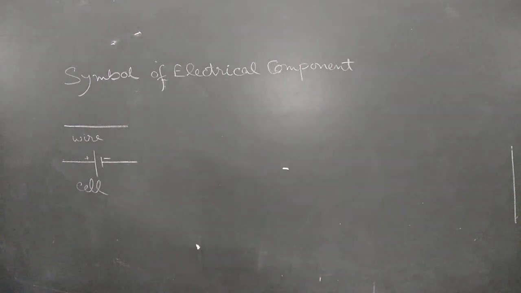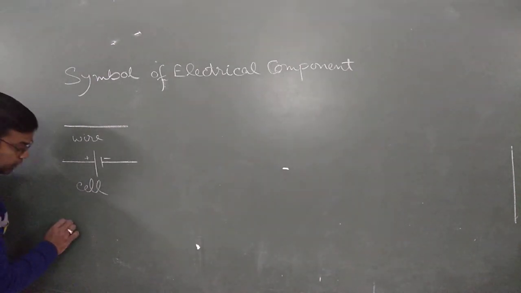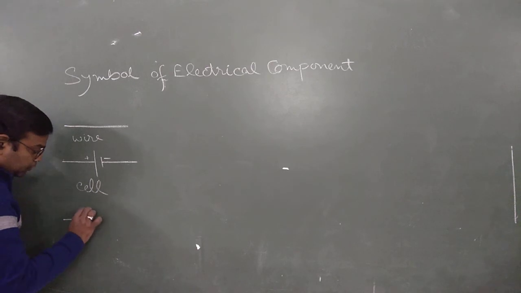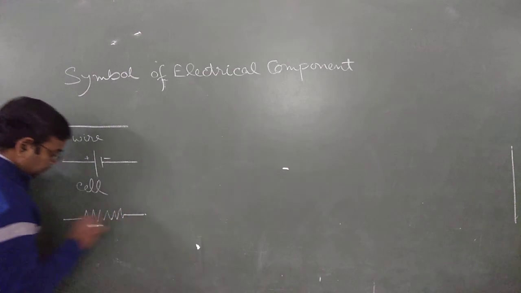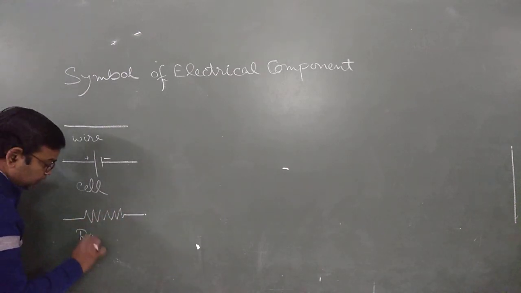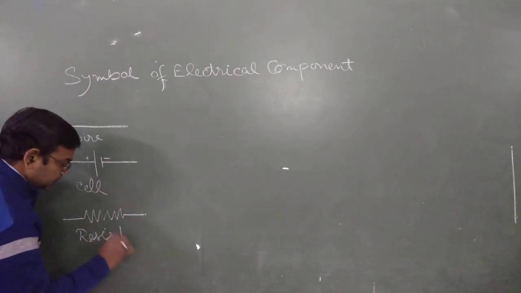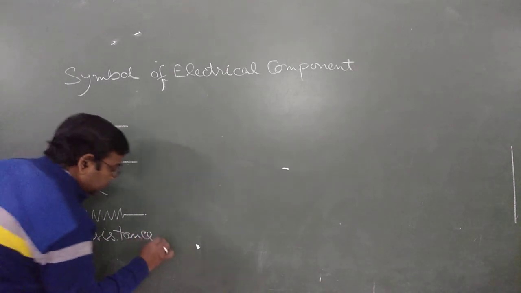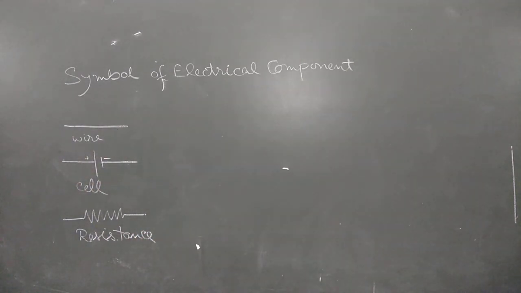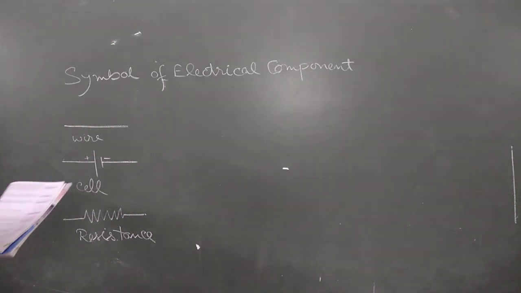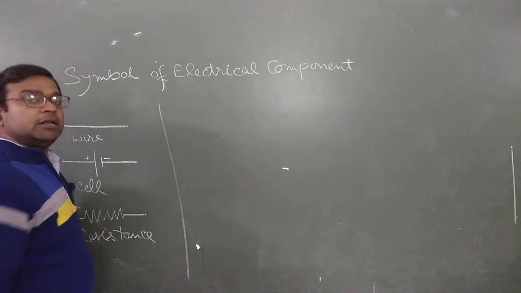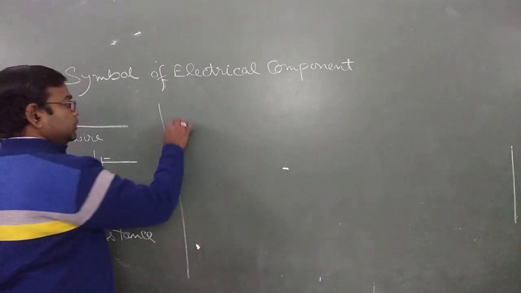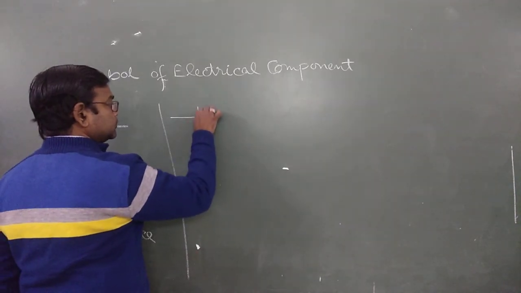Clear? Then if some resistance is there, then we use this type of symbol. This is for resistance. Hope this is clear to you. These symbols you can easily see. Then if there is a collection of cells, that is your battery, then we use this type of structure.